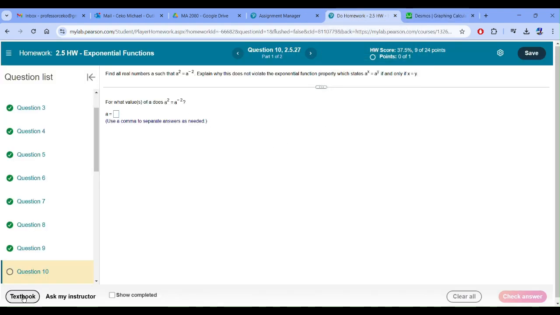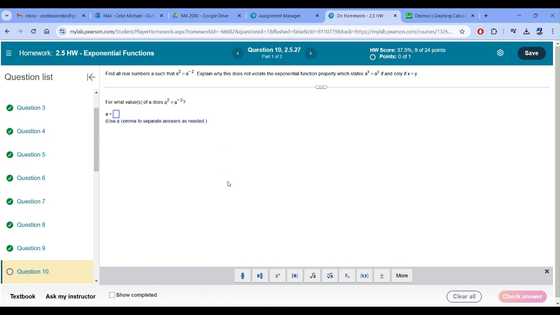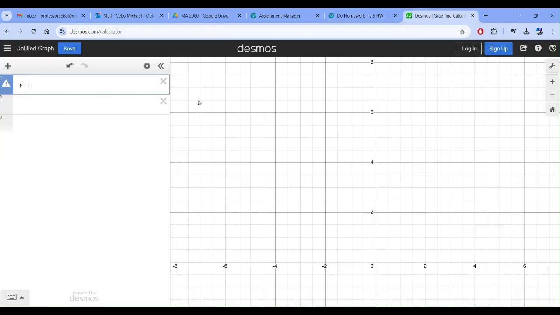If you have a to the negative 2, that becomes 1 over a squared, which means you're saying that a squared is the same exact thing as 1 over a squared.